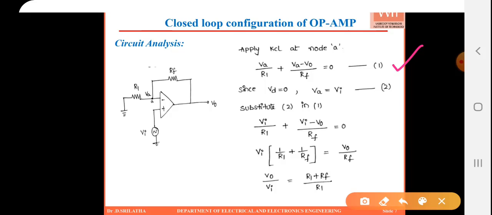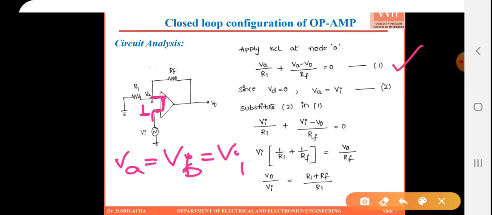Then again, according to the virtual ground, what is happening at this node B, we have connected the source. So VA is equal to VB, that is equal to VI, the source voltage.